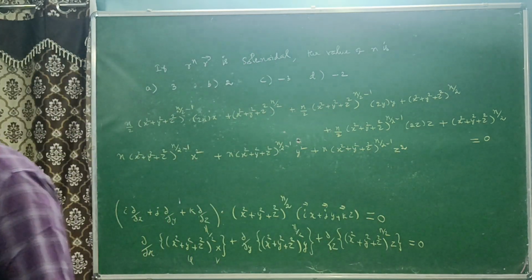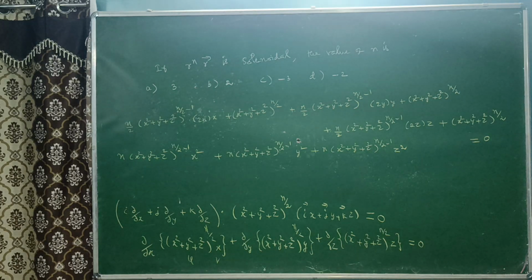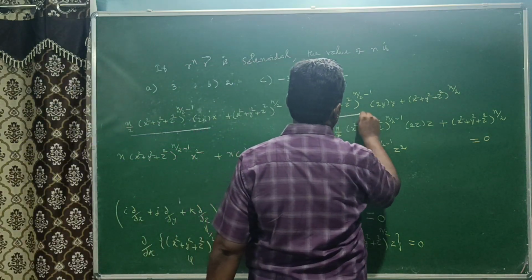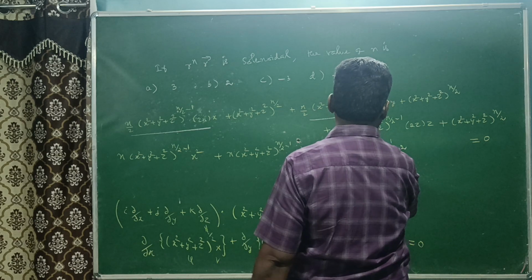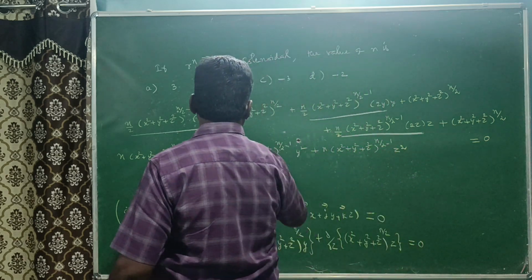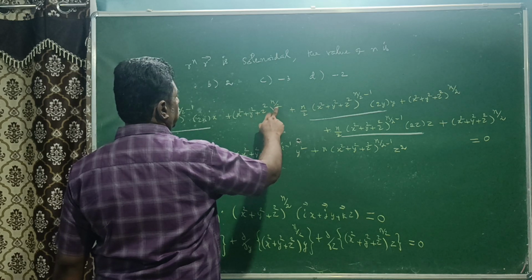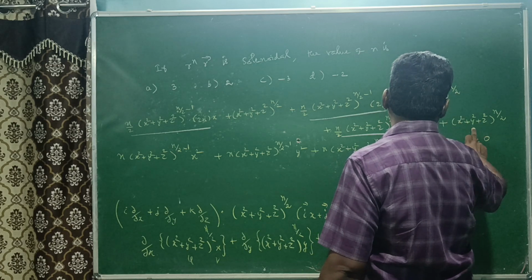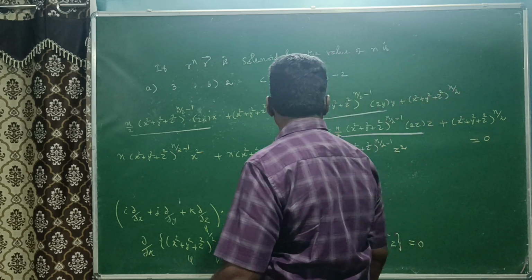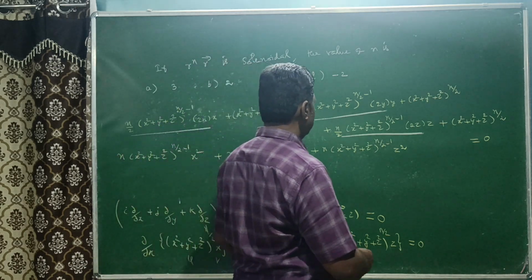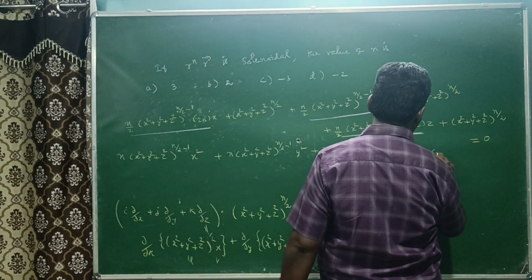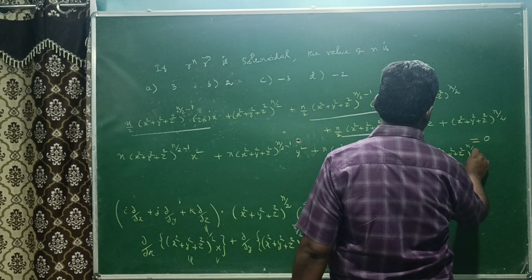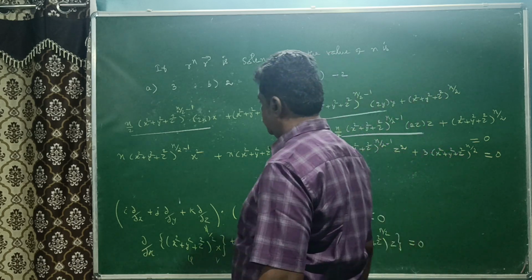Now we combine these three terms. Here (x² + y² + z²)^(n/2), here (x² + y² + z²)^(n/2), here one more (x² + y² + z²)^(n/2). Just we have to add these: plus 3 times (x² + y² + z²)^(n/2). The entire expression equals 0.